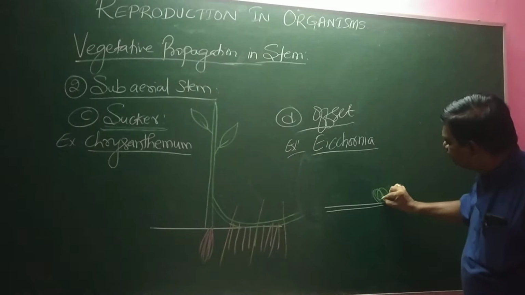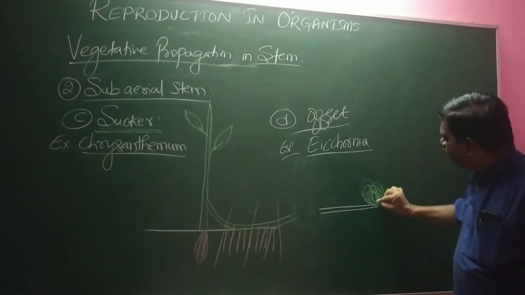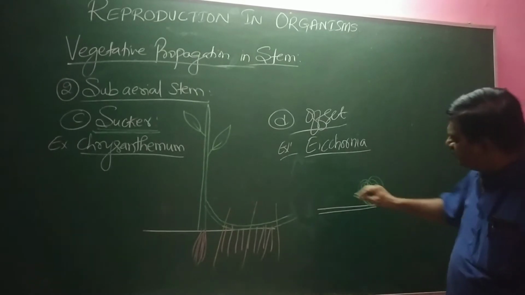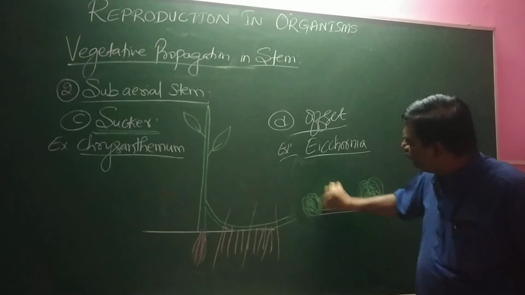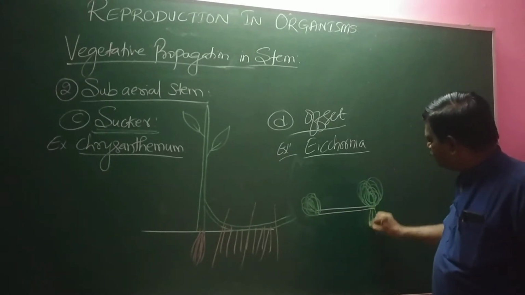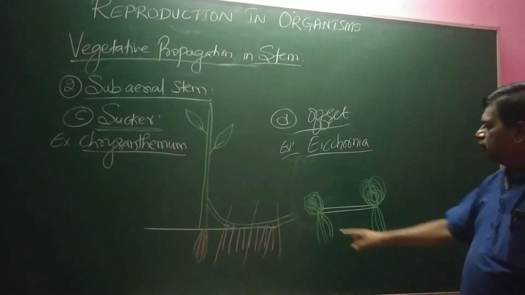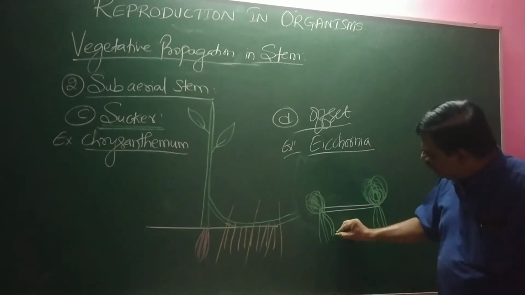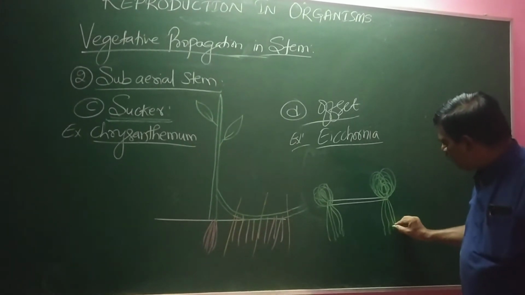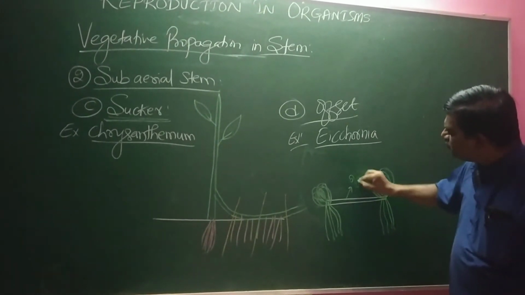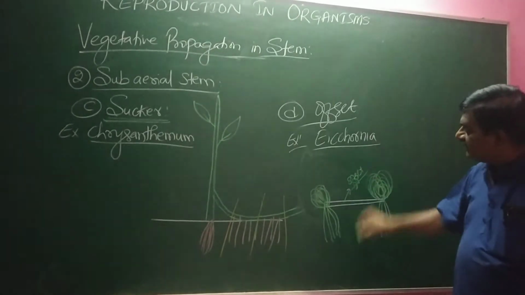Like rose petals, there is a presence of whorls of leaves, with nodes and internodal regions. There is a presence of roots, and these roots have root pockets. This stem is called offset, and when it is cut, it gives rise to a new plant.